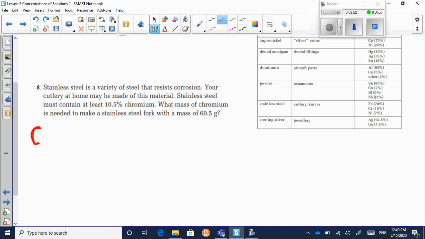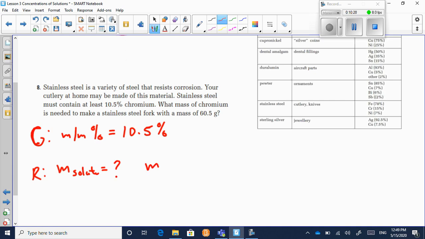I like this question just because it's a slightly different approach. So in this case, we've actually been given the mass percent. You don't always have to be given the other parts. So here you've been given the mass percent is 10.5% for the chromium. And I'm just going to write the required. It says what mass of chromium, so I'm going to call that the mass of the solute in this case, is a question mark, which is the chromium, and then it's used to make a stainless steel fork.